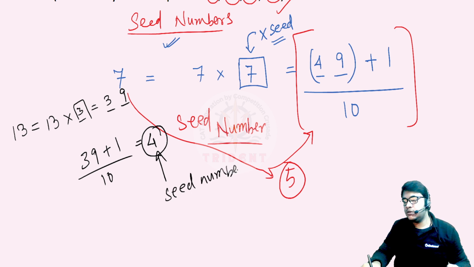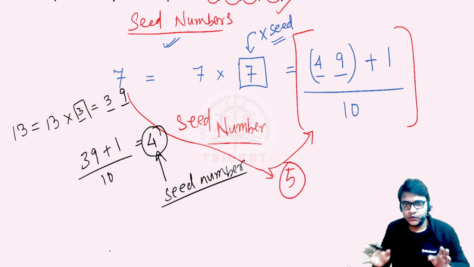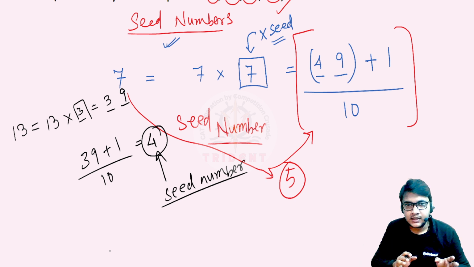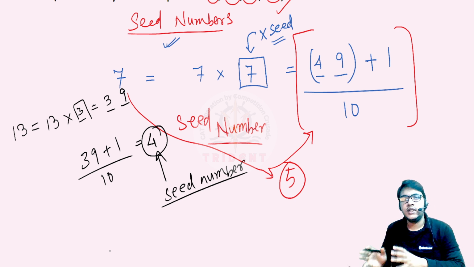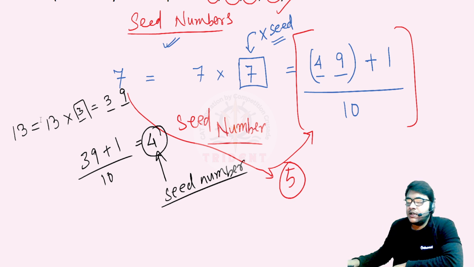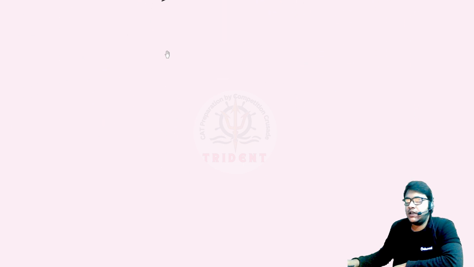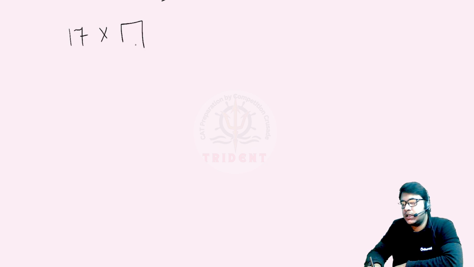Okay, let's do a couple more. Let us first calculate the seed numbers for a couple of numbers, and then we will understand how to use the seed number to predict the divisibility rule. So let's do 17. 17 into something that will give me a number that ends in 9.